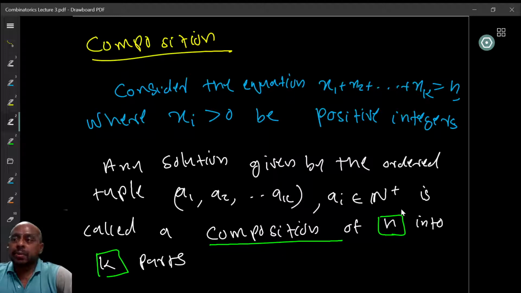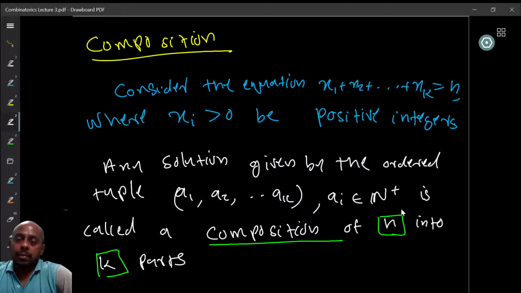Then any solution given by the ordered tuple a1, a2, etc., ak, where ai belongs to the positive integers, is called a composition of n into k parts. So it's not weak composition, it is composition. Maybe at a later point of time it will be clear why one is called weak and the other is not. But for the time being, let us just take the definitions for granted.